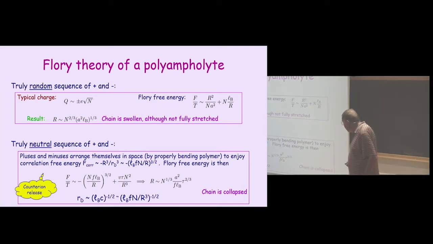So you have this negative contribution. This is our Coulomb energy, which is 1 kT per Debye screening length. The Debye screening length is repeated here in a different form.